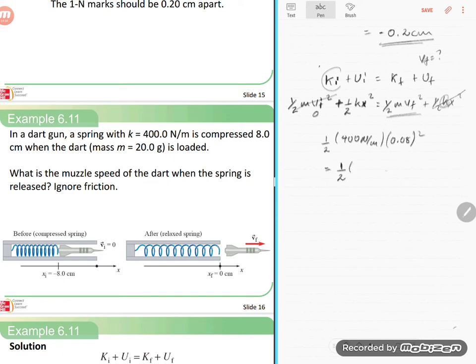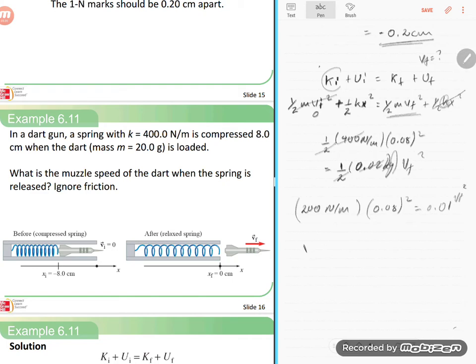So half the mass. The mass is 20 gram, so we have to change it to kilogram. It will be 20 divided by 1000, which is 0.02 kilogram, times v final square. So this is divided by 200 Newton per meter times 0.08 square, and this will be 0.01 v final square.